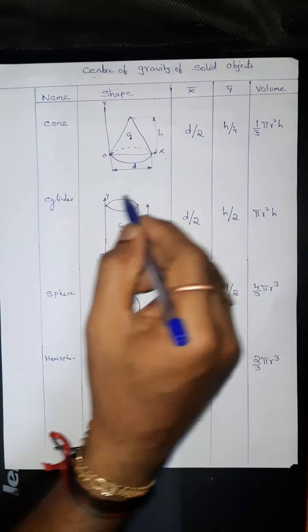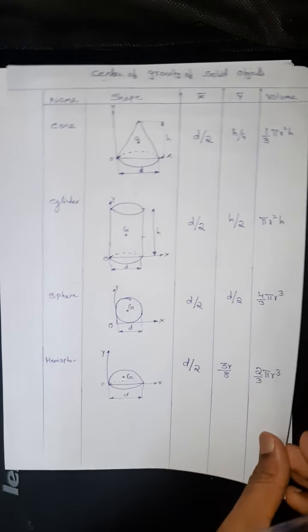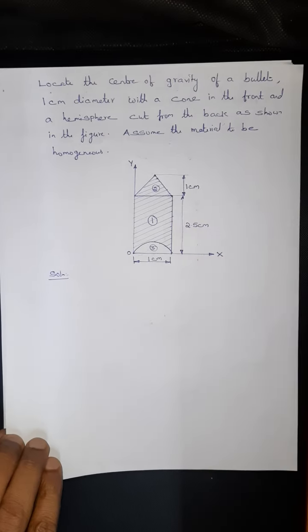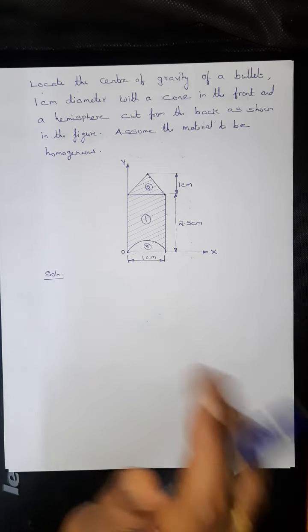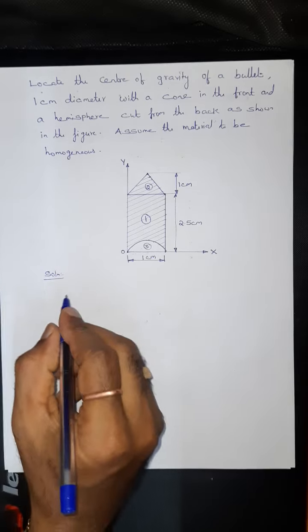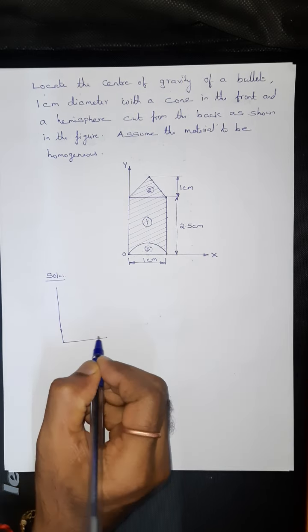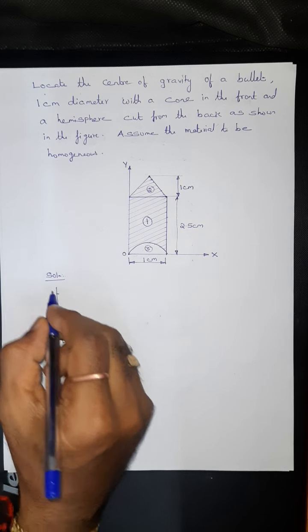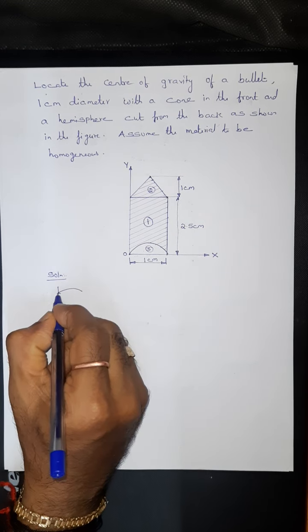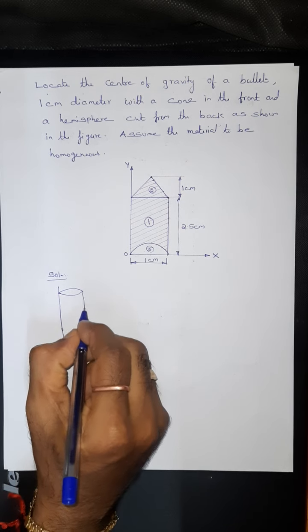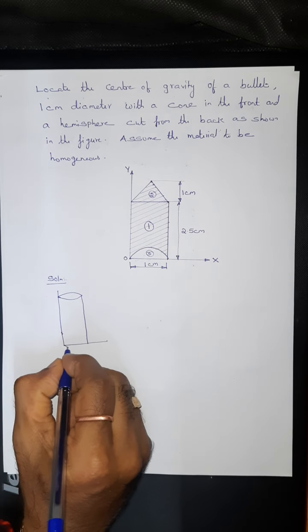So within the available formulas only, we need to solve this problem. Got it? So let me consider this is a cylinder. First you will have to draw portion 1 as a cylinder, so you will have to draw in 3D, a 3-dimension drawing.